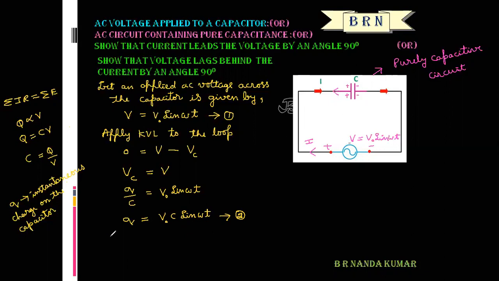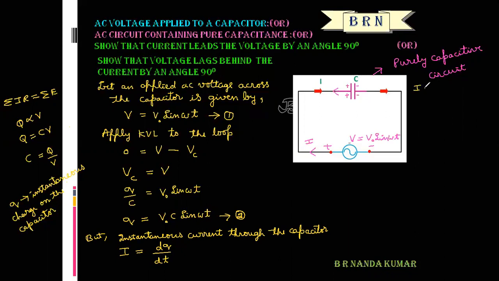The instantaneous current flowing through the capacitor is I is equal to dq by dt.